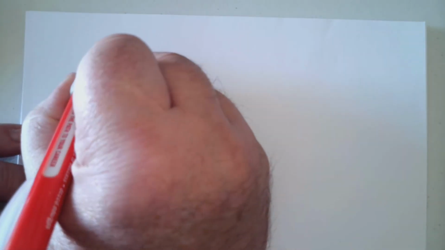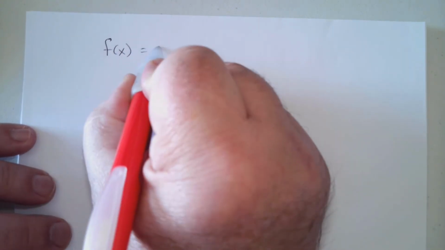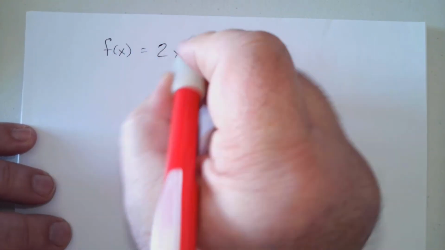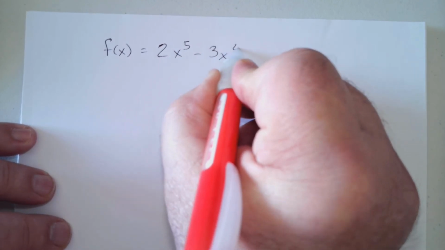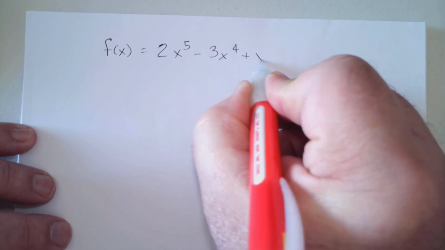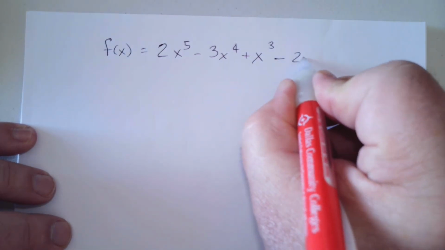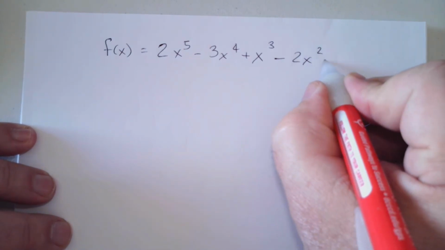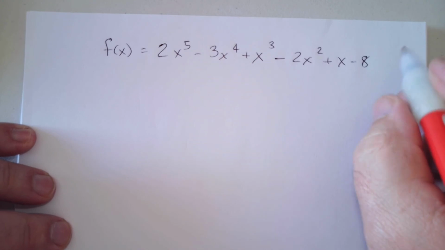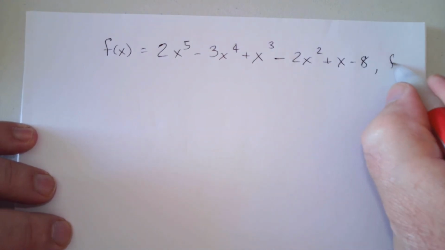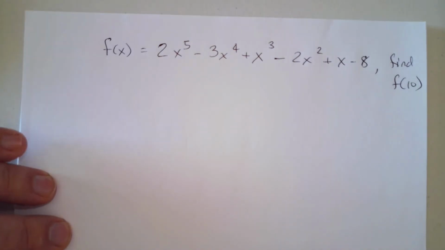For example, f of x equals 2x to the 5th minus 3x to the 4th plus x cubed minus 2x squared plus x minus 8. Find f of 10.